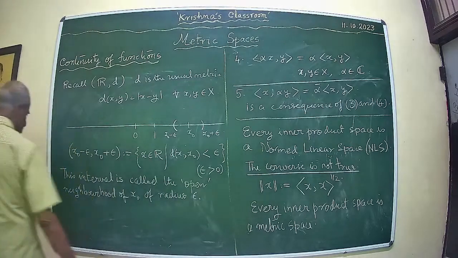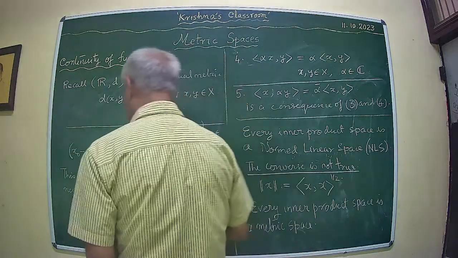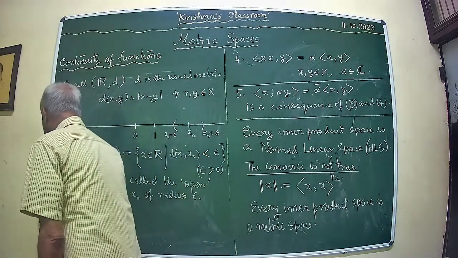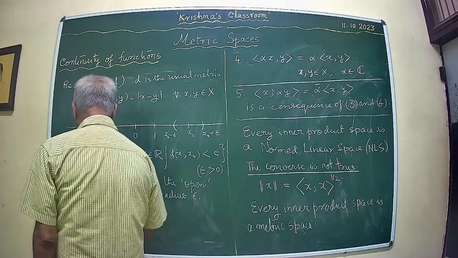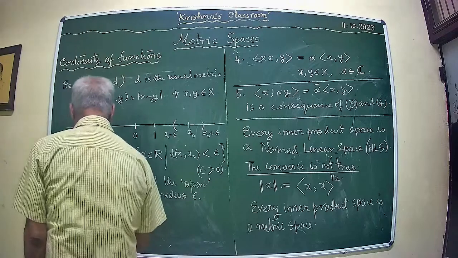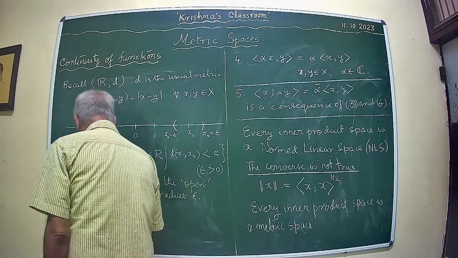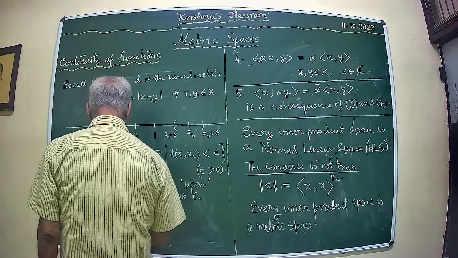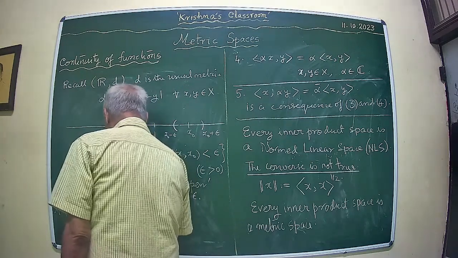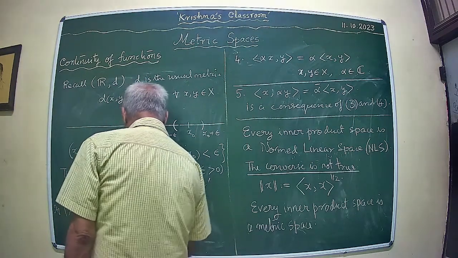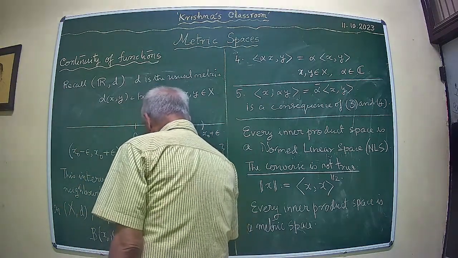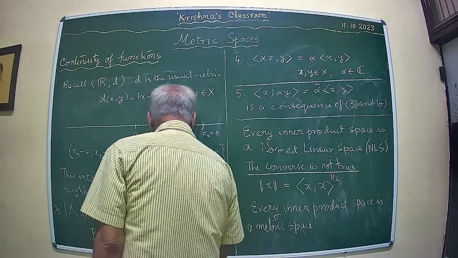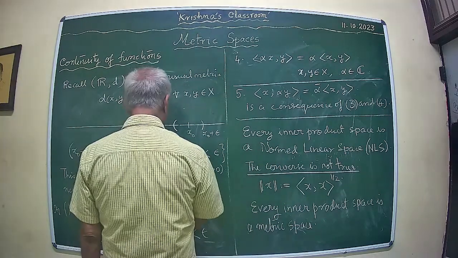Now let us write down analogously. So take any arbitrary metric space X with a metric d. In X, define B(x naught, epsilon) to be the set of all x belonging to X such that d(x, x naught) is less than epsilon. Now here, on the real line, it is actually |x - x naught|.